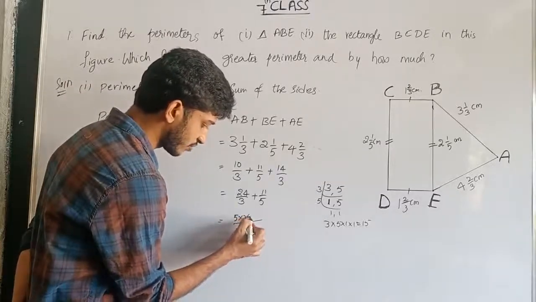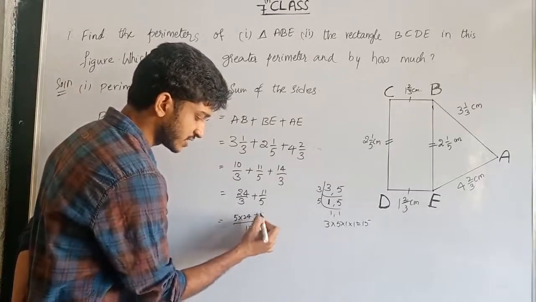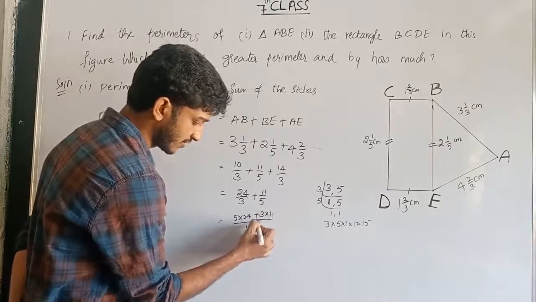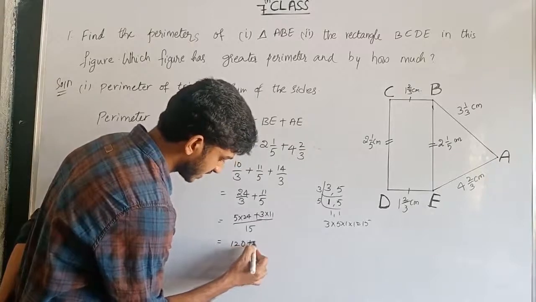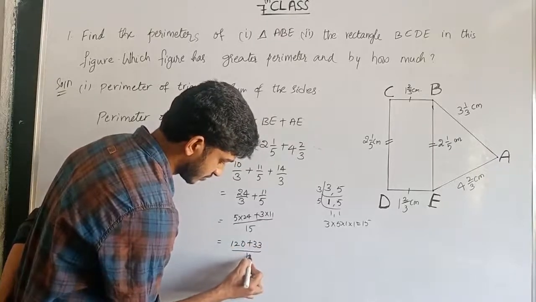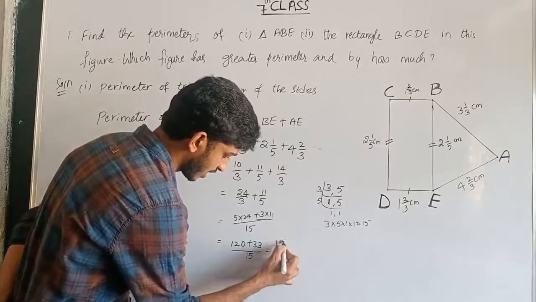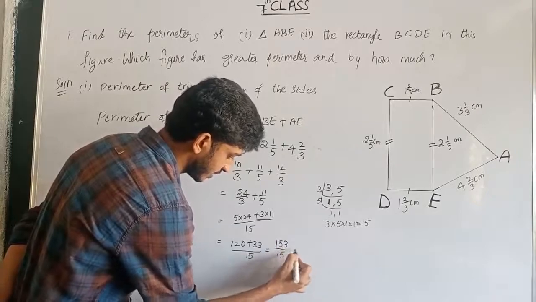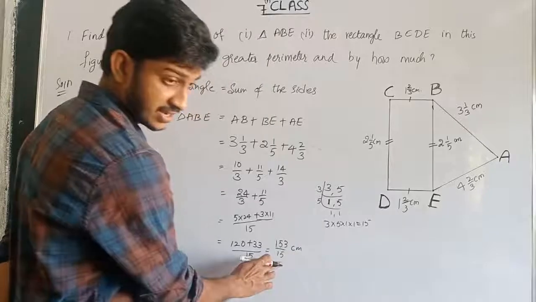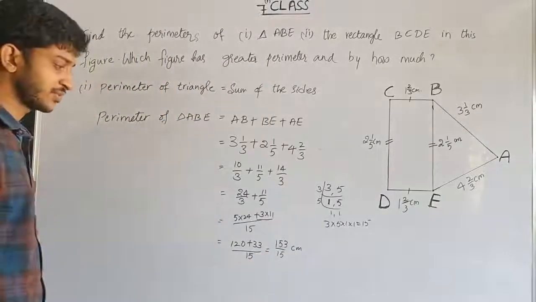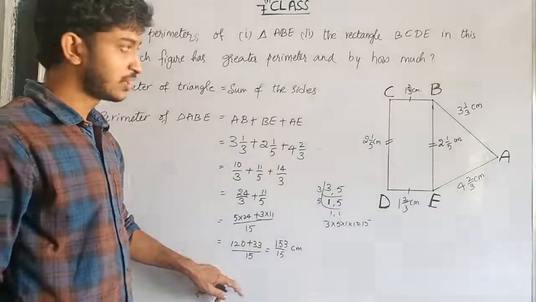So 5 into 24 plus in 5 table 15 is 3 times. So 3 into 11. 5 into 24 is 120 plus 33 by 15, that equal to 153 by 15 centimeters. This is the perimeter of the triangle. Okay, we got the perimeter of the triangle.